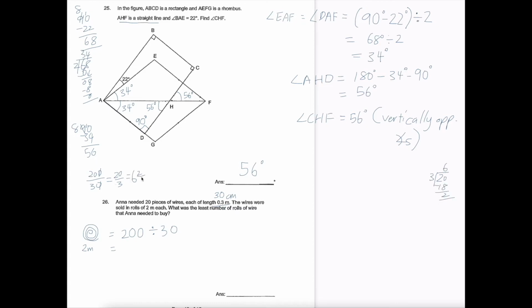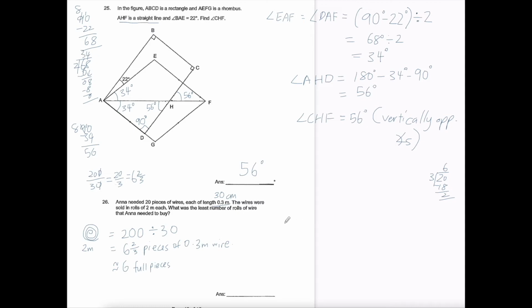So I'm going to get 6 2/3 pieces of 0.3 meters wire. From one roll I can get 6 full pieces. I put the words full pieces because I can't do anything with the 2/3, as it's not a full 30 cm wire and I can't use it. So we have to round down to 6 full pieces. For every 2 meters I can get 6 full pieces.